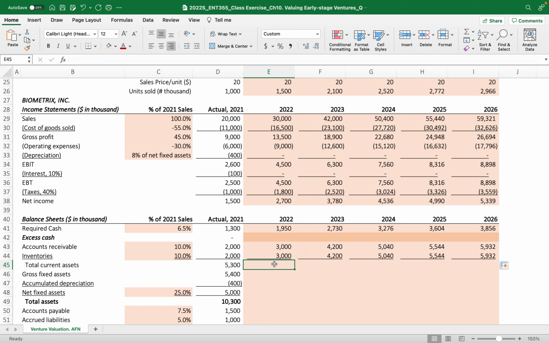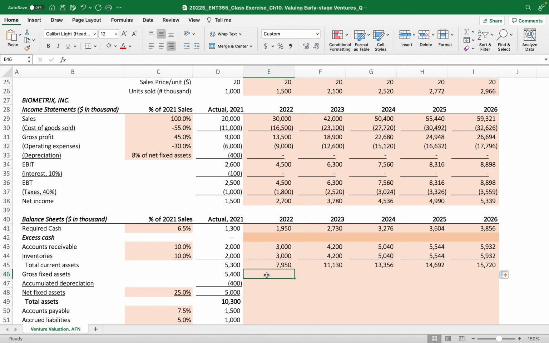Then total current asset is the sum of all these current asset balance accounts here. Again, this is not a full amount because we have to find if there is excess cash or not. The gross fixed asset is here.